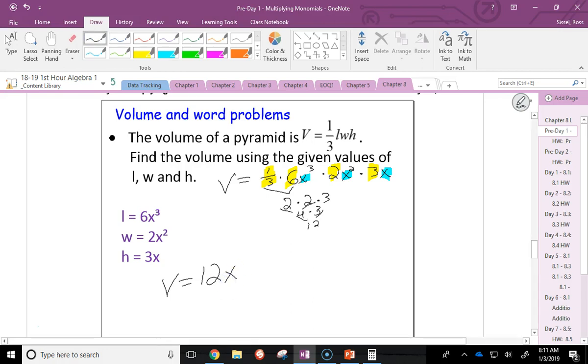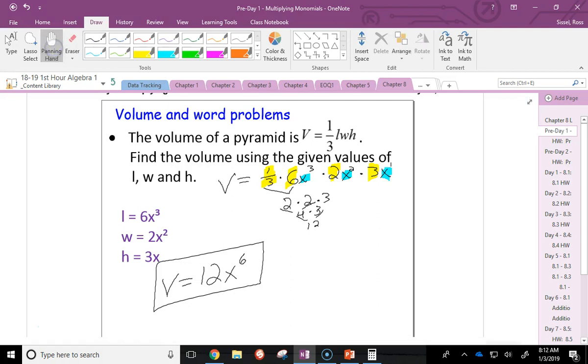And then we have 3, 2, and that'd be like a 1, which would be what, Daddy? X to the 6th power. And that would be your answer. The volume equals 12x to the 6th power. The only way we could solve this any farther is if they tell us what x equals. Then we find the exact volume.